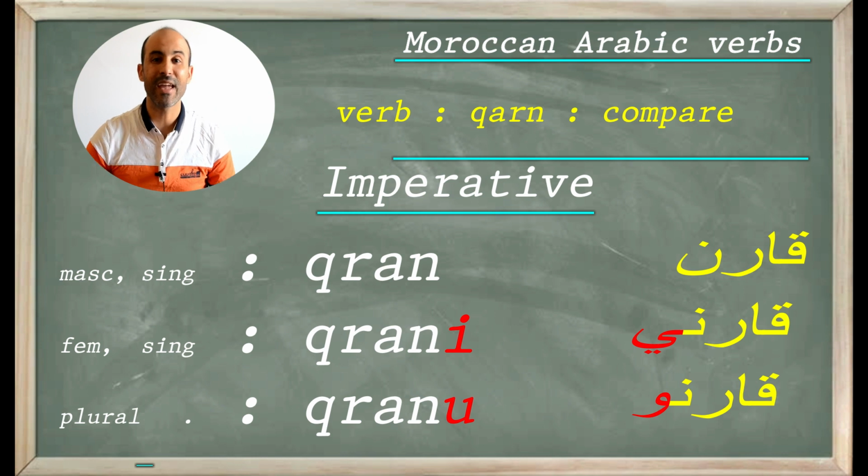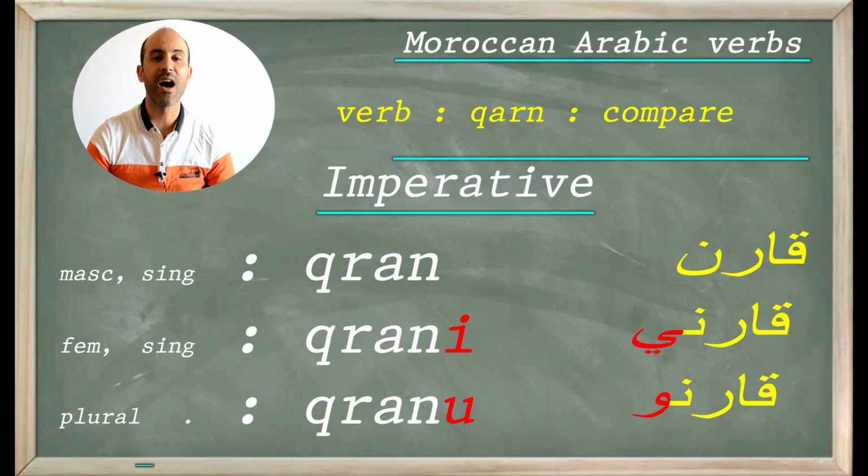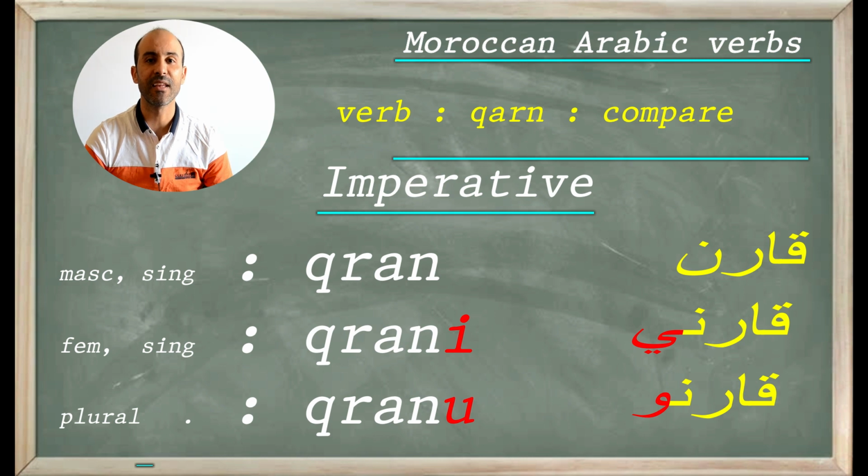So let's try and work the pronunciation. قارن. The letter ق comes from here. قارن. And if you're talking to a woman, قارني.